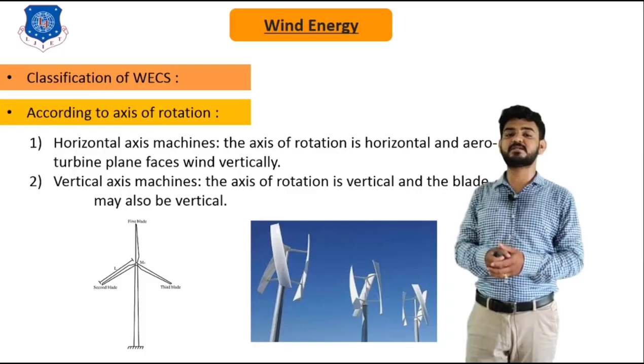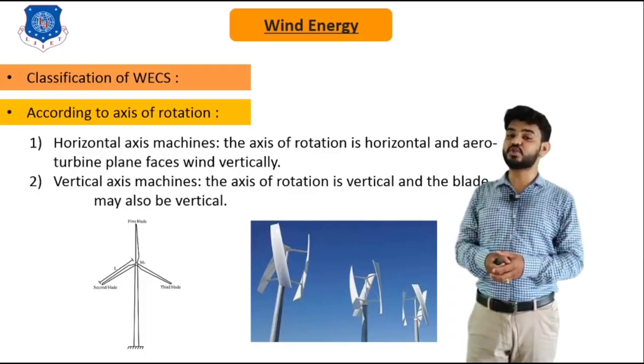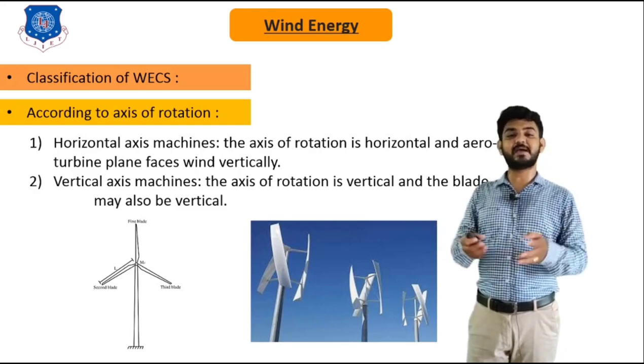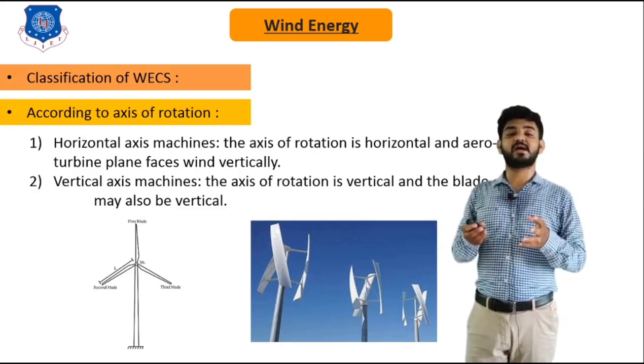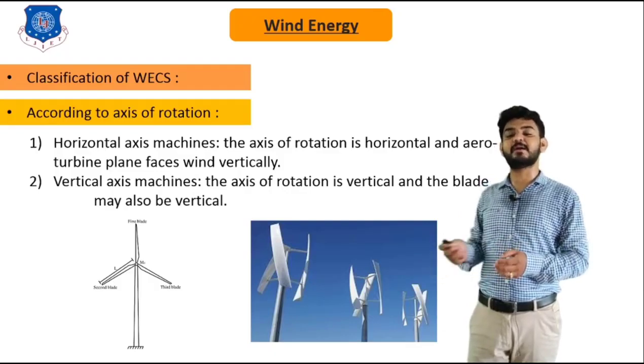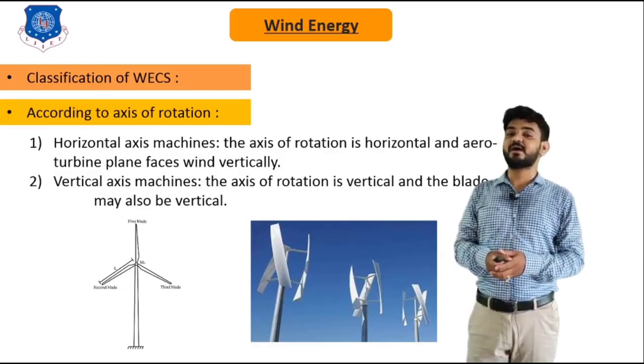Here in this image, both types of wind energy conversion system are shown. The first image shows the horizontal axis type machine where the axis of rotation is horizontal, and in the second image we can see the vertical axis machine where the rotation axis is vertical.